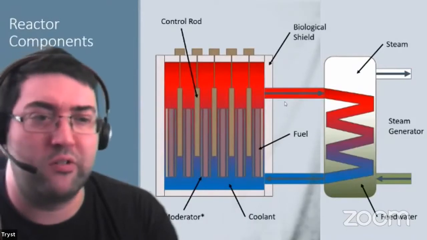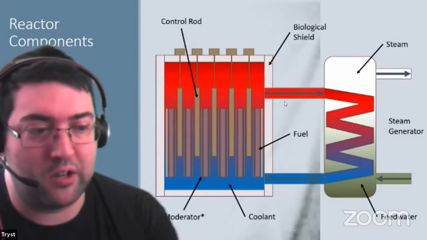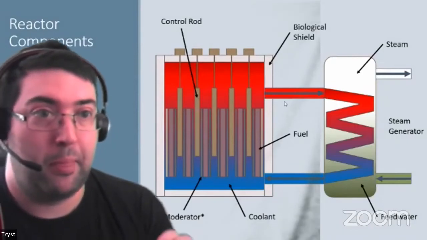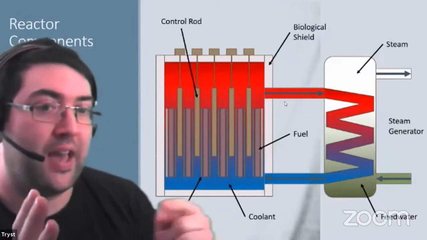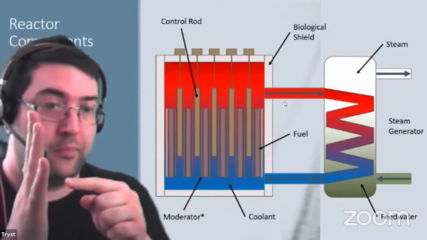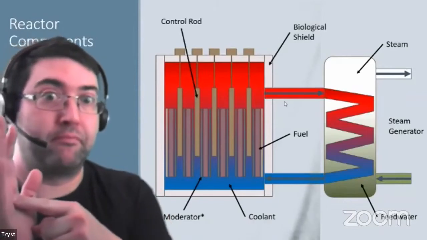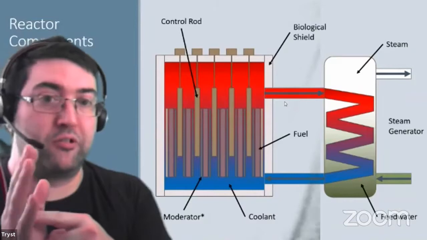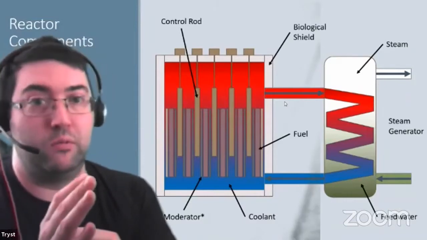I said that hydrogen's got this nasty little trick. If you throw a neutron at a hydrogen atom, instead of it bouncing off and slowing down, it gets captured by the hydrogen nucleus and makes deuterium. So you end up with a hydrogen atom with a nuclear weight of 2.